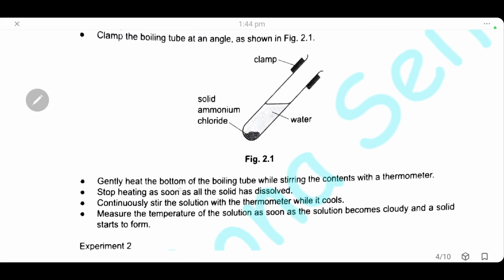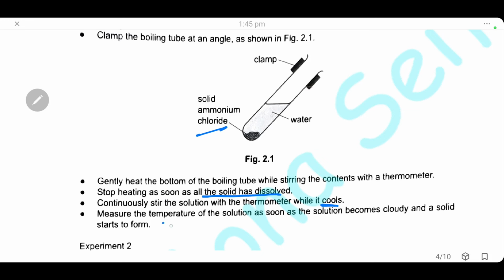Start heating gently at the bottom of the test tube while stirring with the thermometer until the ammonium chloride dissolves in the 8 cm cubed of water. Then you have to stop heating as all the solid has dissolved. Continuously stir with your thermometer while the solution cools.